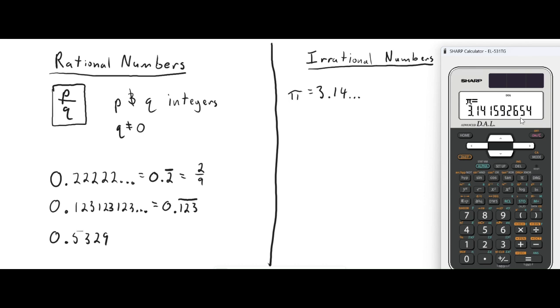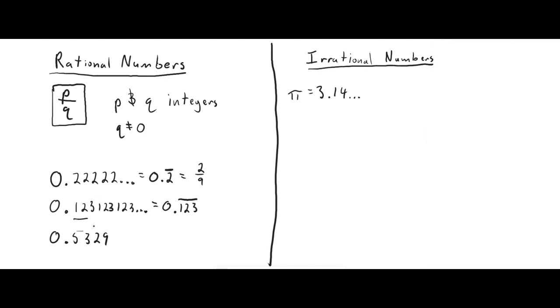You can keep computing pi forever and ever, and the decimal will never end, and also the decimal will never repeat. So you'll never find some pattern of numbers here that repeat, like we had over here with the 1, 2, 3. That does not happen with pi.